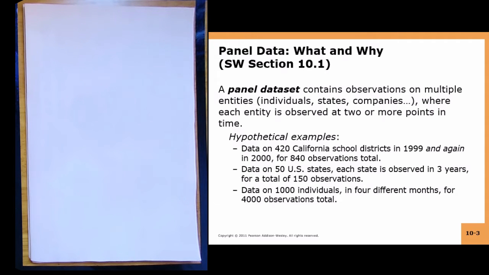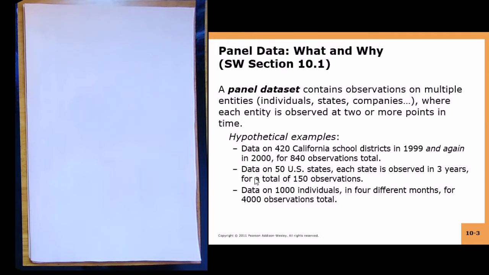So at a given point of time, what we looked at originally was cross-sectional data, across a cross-section of California school districts at a given point of time. Now, if you went back to those school districts and again measured once in 1999 and again in 2000, now you have 420 multiplied by 2, that is, a total of 840 observations.